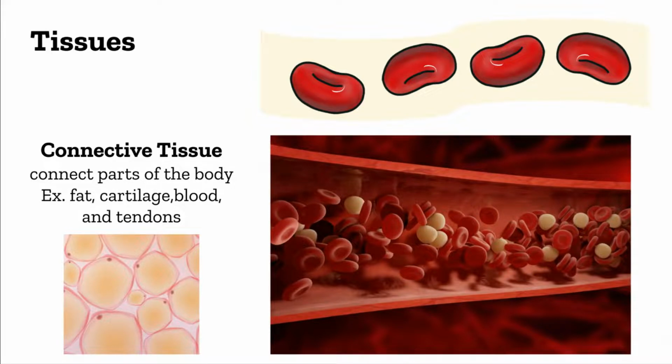The picture at the right shows red blood cells at the top. The computer generated high definition image below shows red blood cells and white blood cells traveling through a blood vessel. While the blood vessel itself is not made of connective tissue, the blood itself is considered connective tissue, and it transports gases that are needed throughout the entire body.